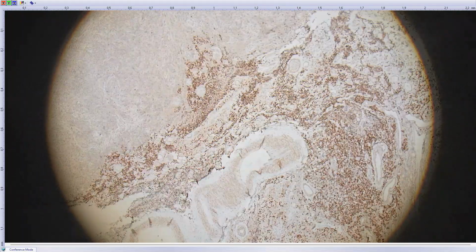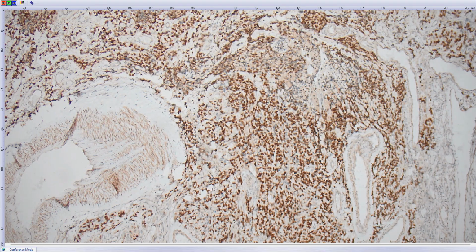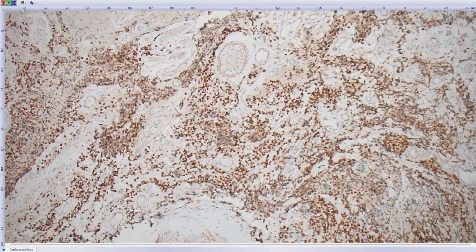This is OLIG2 staining, which is not oligodendroglial but a general glial marker, and it's positive in a proportion of tumor cells. In these more spindle cell or sarcomatoid parts, it's almost completely negative, which is very typical.